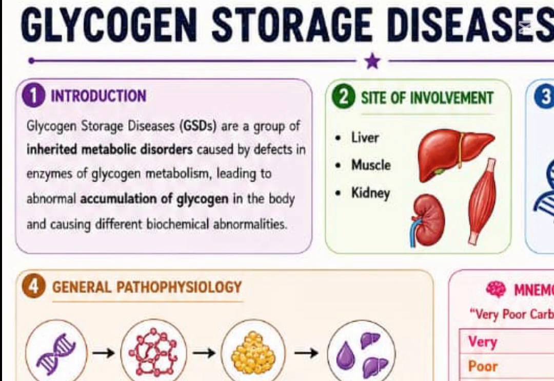So since they are defective, what happens? They lead to accumulation of glycogen in the body, causing different biochemical abnormalities. If we are to repeat it again, what is GSD? Glycogen storage disease are a group of inherited metabolic disorders caused by deficiency in one or more of the enzymes that help in the catalysis of glycogen metabolism.